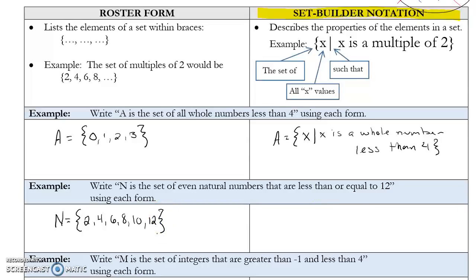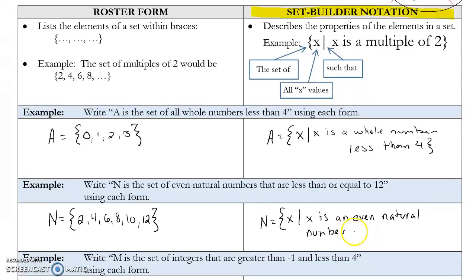To do the same thing in set builder notation, N is the set of all x such that x is an even natural number less than or equal to.